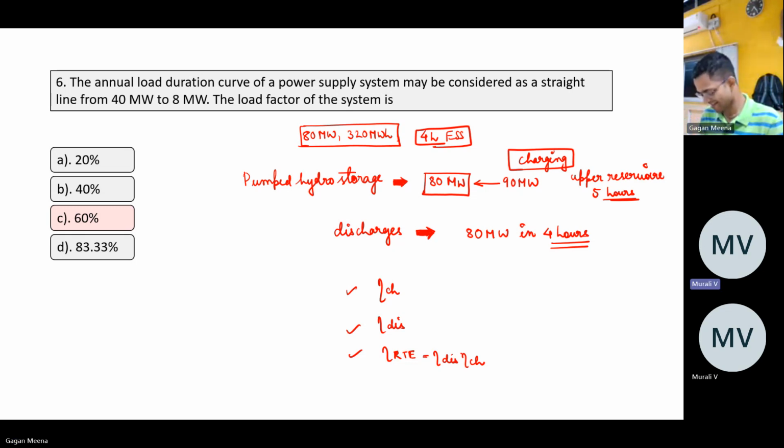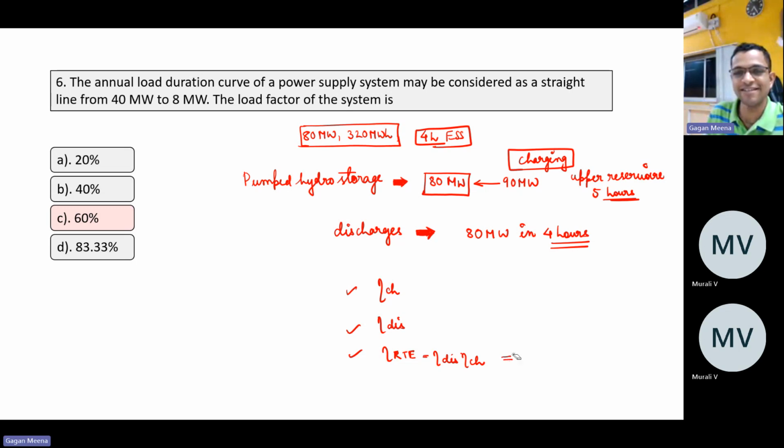The charging is taking 5 hours. So charging megawatt hours is 90 into 5, so 450. Discharging it is 320 megawatt hours. So 320 by 450.